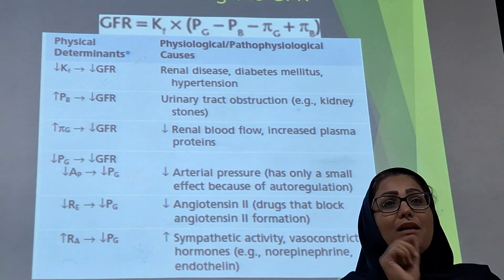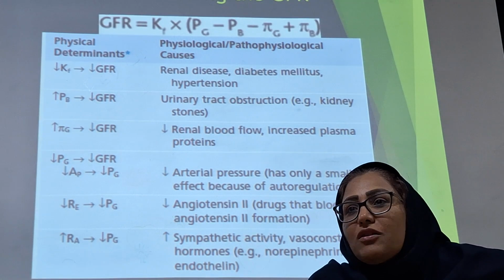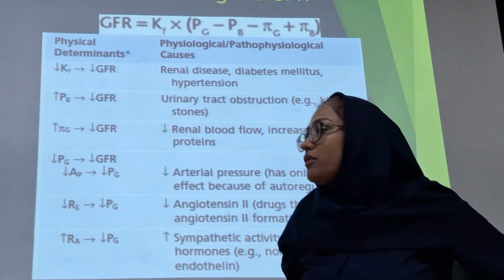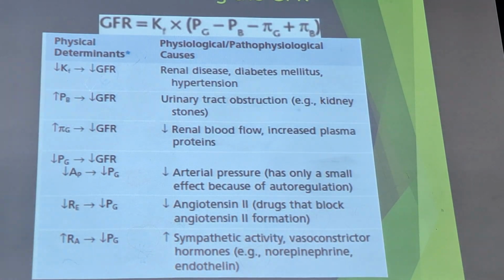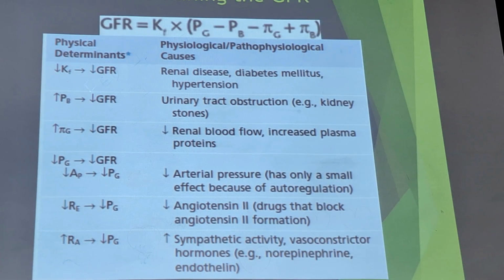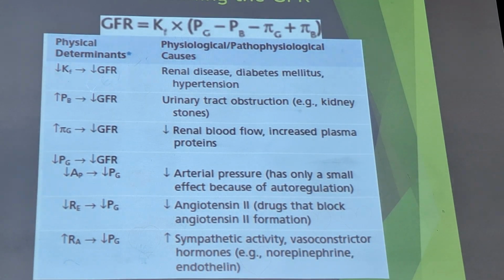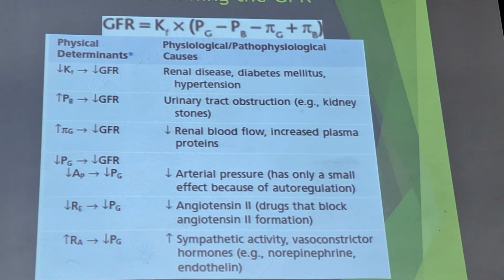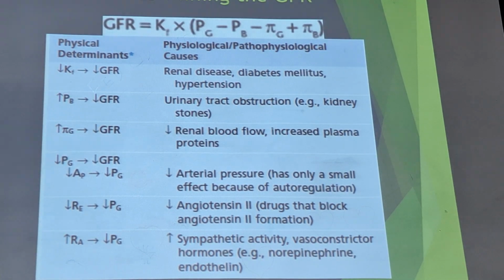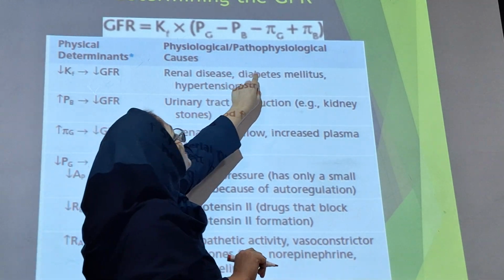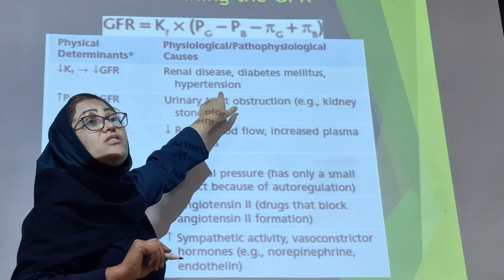When KF decreases, what's the effect on GFR? Decrease. As a reminder, GFR is KF multiplied by filtration pressure, so when KF decreases, GFR decreases. KF decreases when there is renal disease, diabetes, or hypertension.